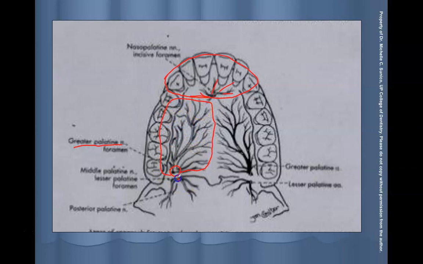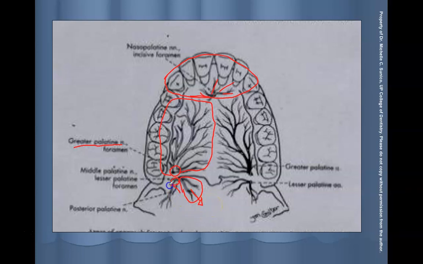Now, this small foramen here is the lesser or posterior palatine foramen, and from it exit two palatine nerves. One is the middle palatine nerve, and as you can see from the location and direction, it innervates something else. It innervates the soft palate area.